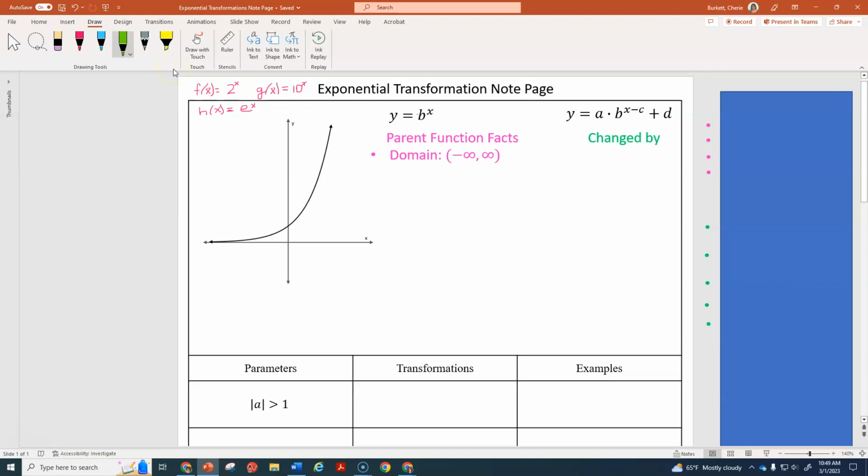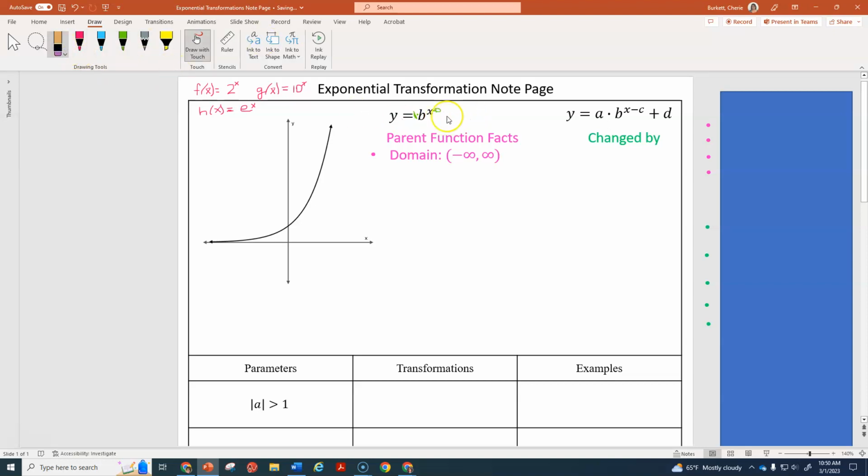The a is right here, and it's a 1. We're multiplying 1 times that b number. The c is right up there.